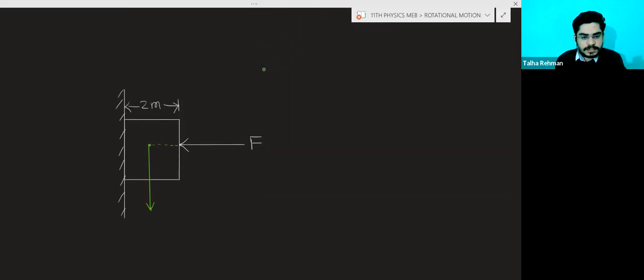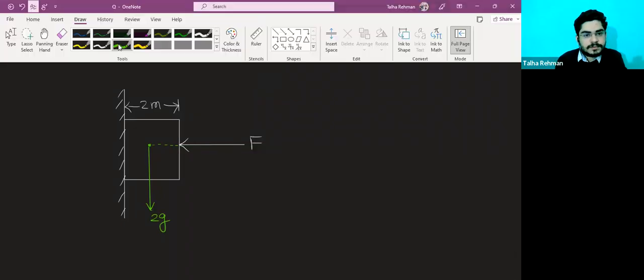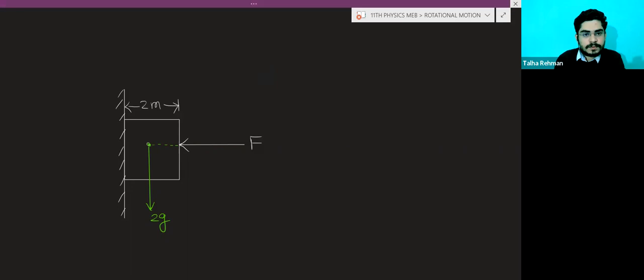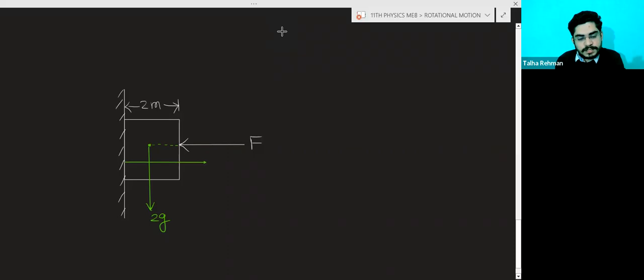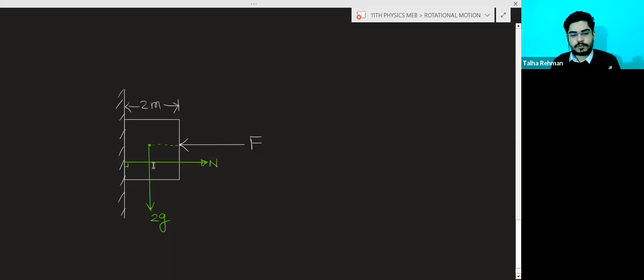So, 2g will be in this direction, and there will be a normal reaction. Now, don't say that normal reaction will pass from the center of mass. Okay? It is not necessary all the time. So, normal reaction will be like this, in this direction. This will be the normal reaction, and this normal reaction is provided to the block by this wall. So basically, this is a free body diagram of the block, not the wall. So we can remove this wall.